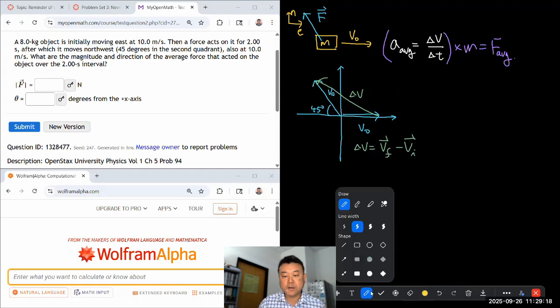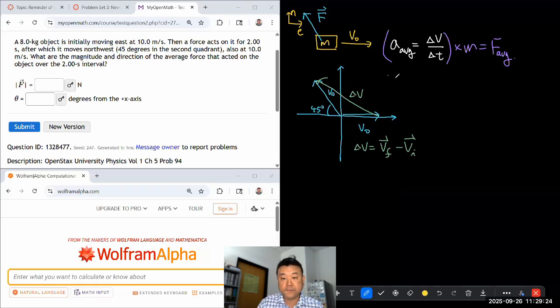Let me write out the final velocity and initial velocity in unit vector notation. My final velocity has x and y components. The x component is going in the negative direction the way I'm defining my coordinates, so it should be minus v naught times cosine of 45 degrees, which is the adjacent side to this angle, x hat, plus the y component.